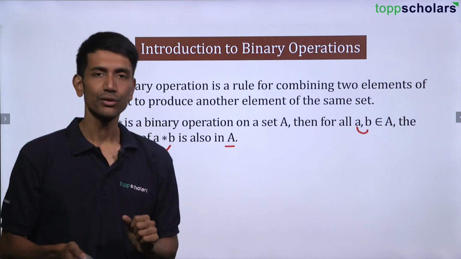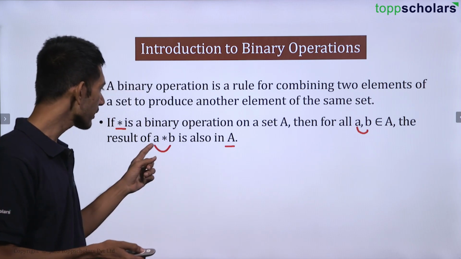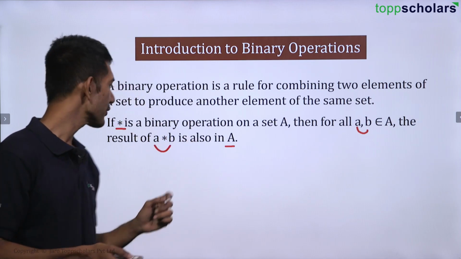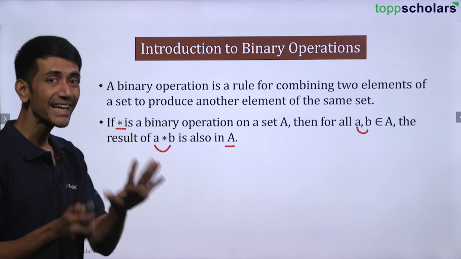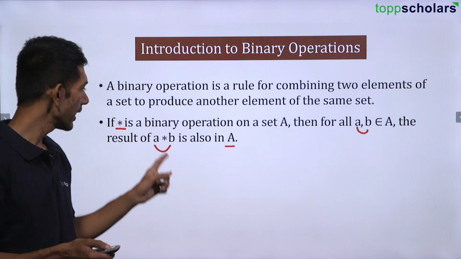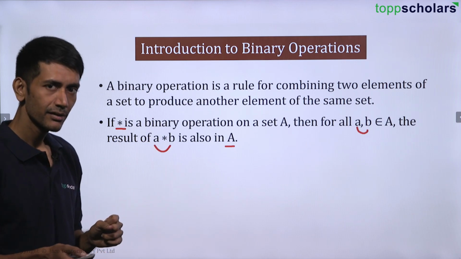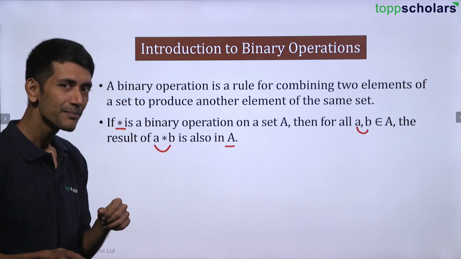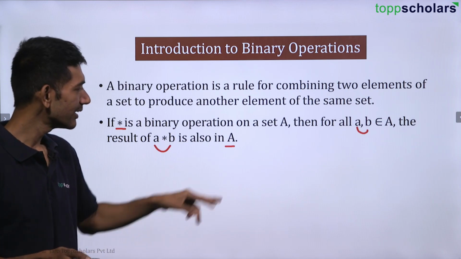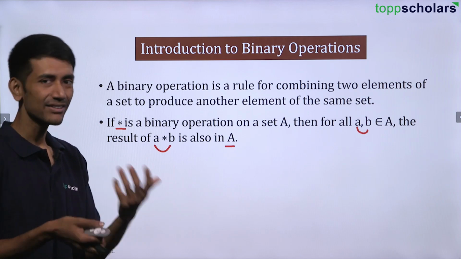Yes, because 5 is also a natural number. If I take the binary operation as multiplication, 2 multiplied by 5 is 10, that is also a natural number. If I take minus, will minus satisfy the condition? 2 minus 3 is minus 1, but minus 1 is not a natural number, that does not belong to A. So that is how we identify.